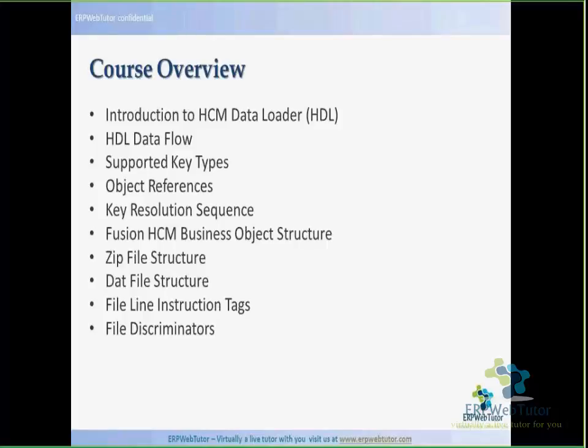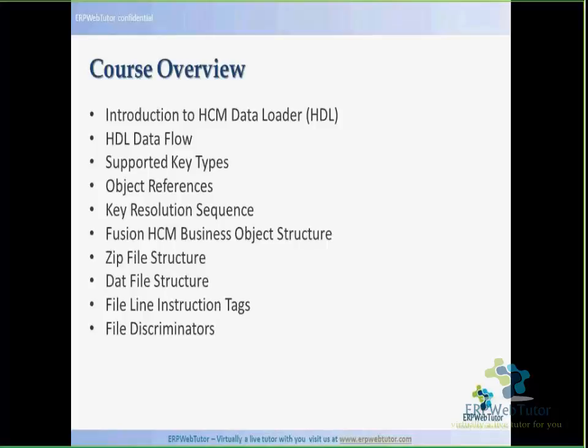When we refer to the term business object, a business object is an entity that is uploaded into Oracle. That could be a location, a position, a job, or a department. All these things are referred to as business objects. A business object sometimes has more than one sub-entity within it.